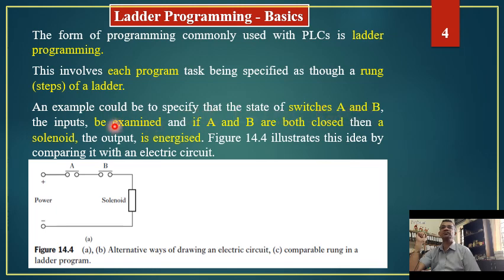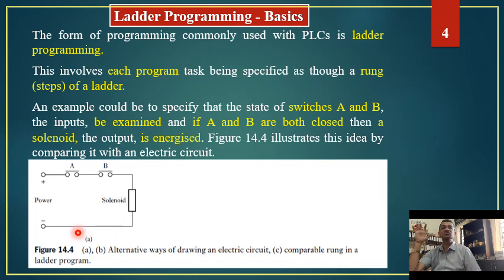Switch A and B are the inputs to be examined, and if A and B are both closed, then the solenoid, or the output, is energized. Now obviously switches A and B are connected in series with each other to the power supply as well as the load. So as a whole, this circuit is a series circuit.